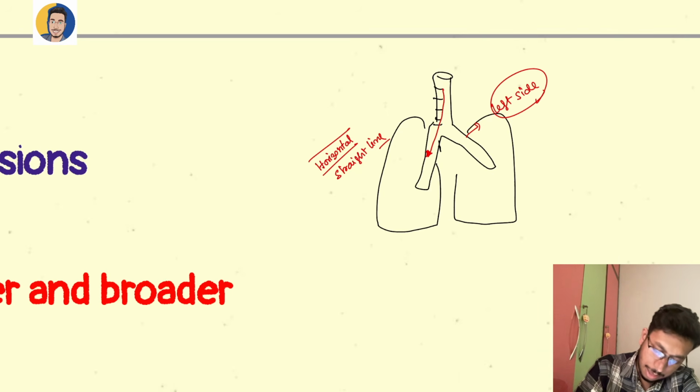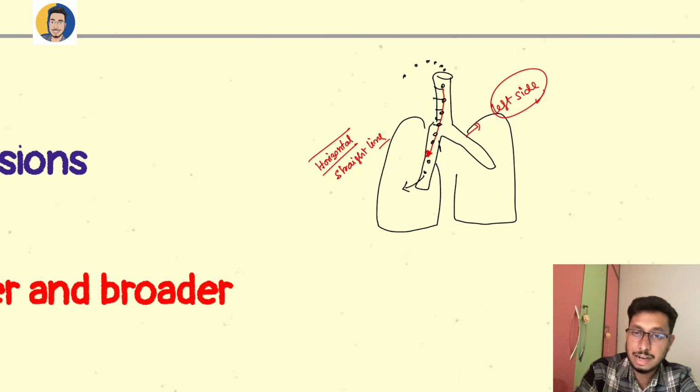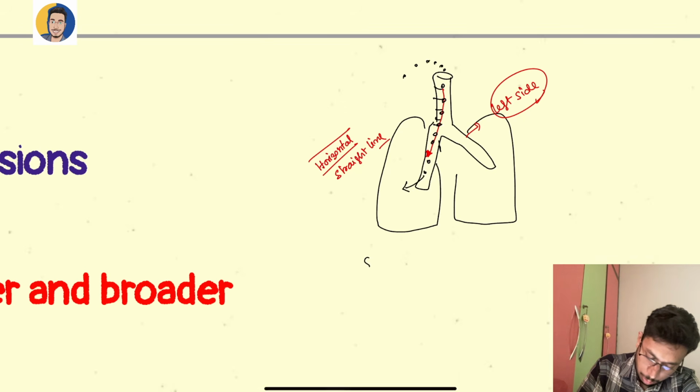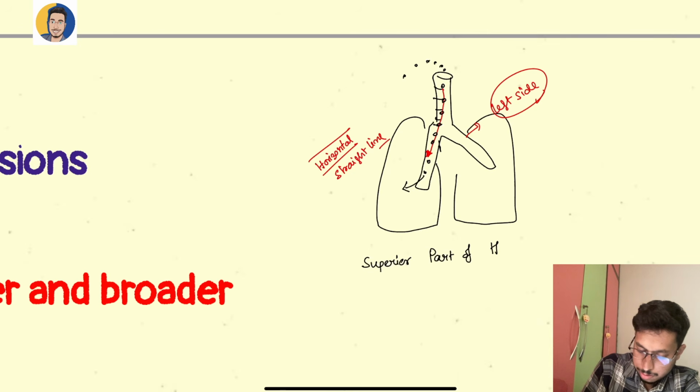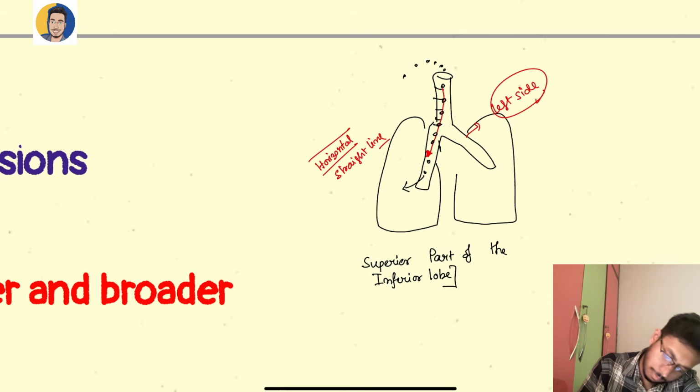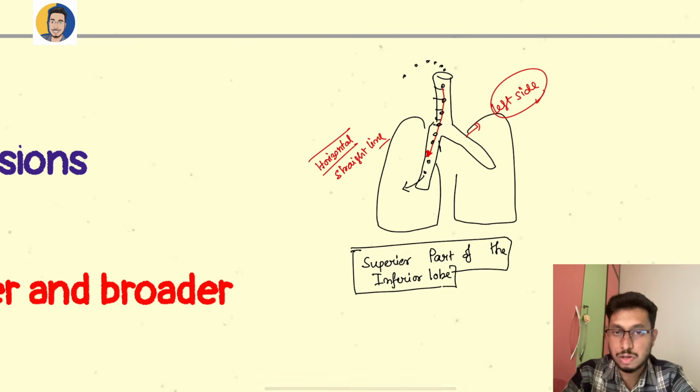That's why any foreign body which is aspirated easily gets dislodged in the right side. Okay. So which is the most common part where it gets dislodged in the right side? It is the superior part of the inferior lobe which is the most commonly affected.